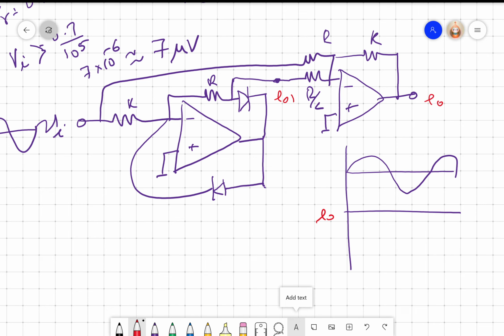So this is E0. E0 1 would be the half wave rectified value with a negative sign, right? Now if I look at this op amp, this has to be multiplied by -2, right? So if I multiply by -2, I am going to get double the voltage.